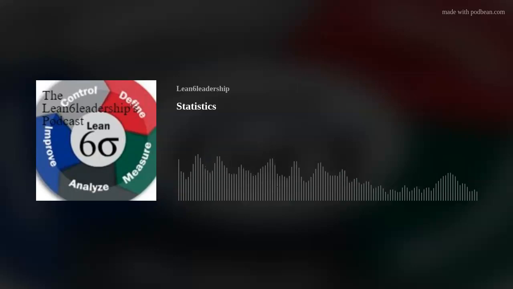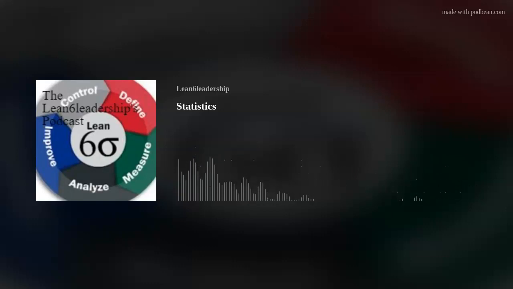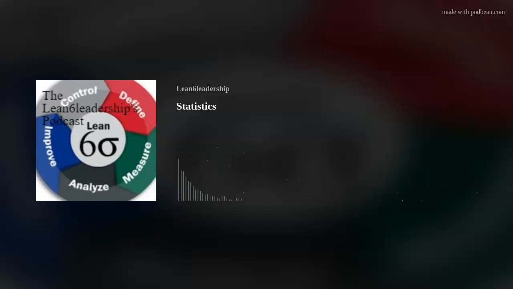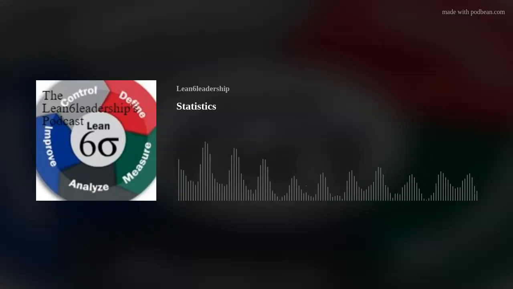Now, key process indicators, KPIs. This is the data that you're looking at. This has got to be actually something that's actually impacting the process, that actually matters. Because if you're trying to review something and it doesn't matter, what's the point? Why are you looking at the data?